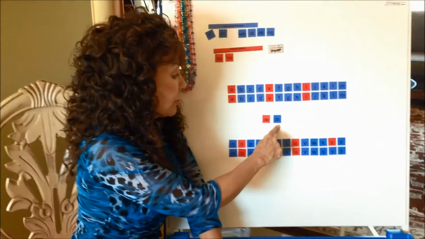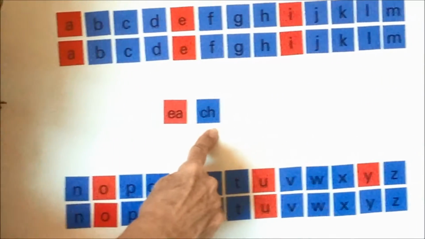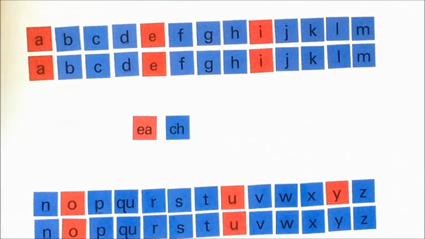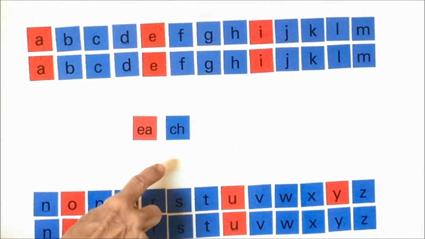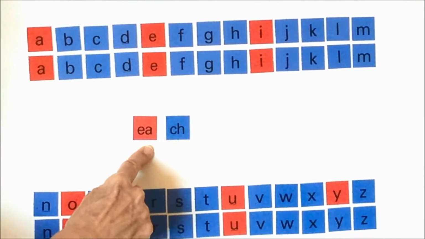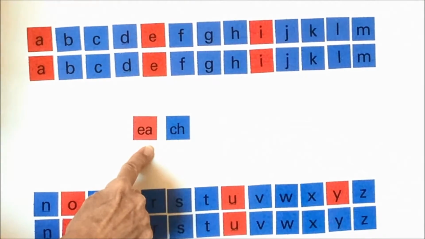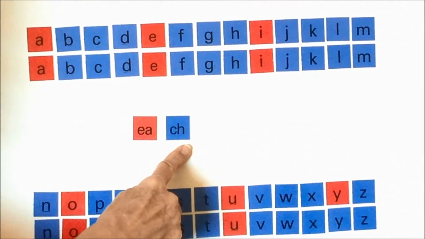So when I point to EA and I tap it out, you'll say E. And what sound for CH? That's right, ch. Okay, let's tap it out. What sound? Yes, E. What sound? Yes, ch.